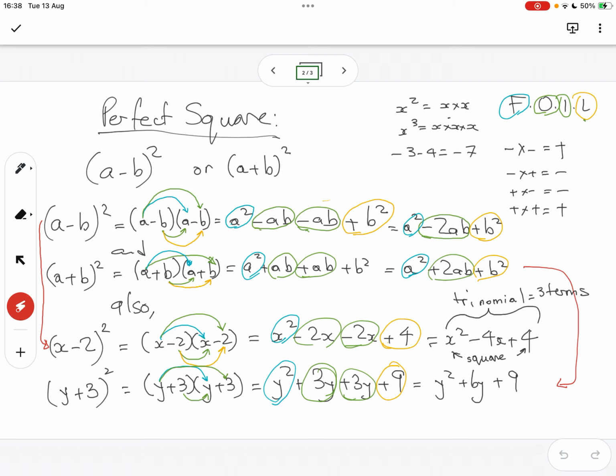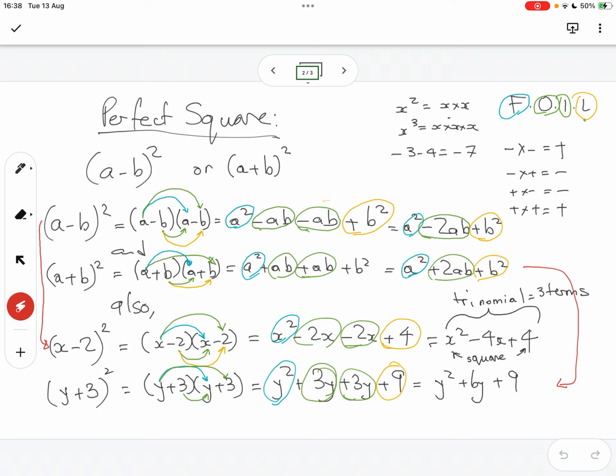Okay, and then the next: the middle term of the trinomial takes the sign inside the bracket. Okay, so what that just means is, because it's negative there, then the middle term will be negative.